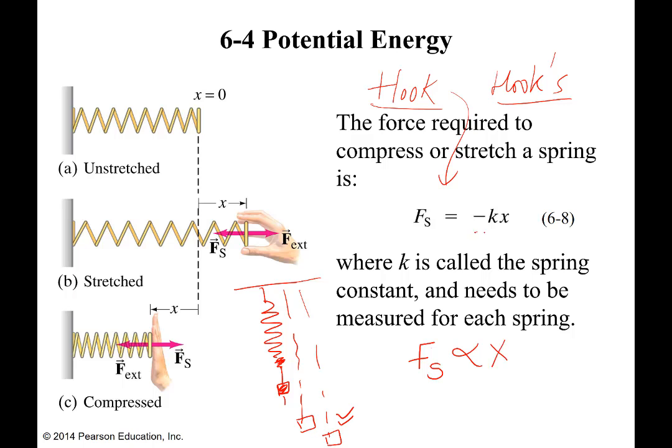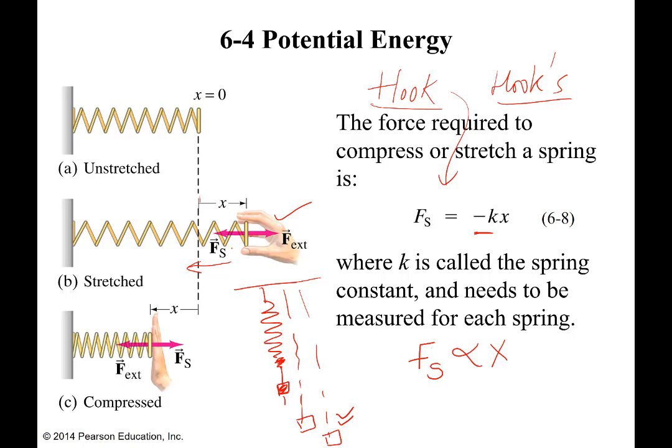Now you must be wondering, why is this minus here? This is minus because when the spring is in the equilibrium position, no forces are acting on it; you're not pulling it, and it's not compressing. But when you apply an external force and pull it, the spring tries to get back to its original position.